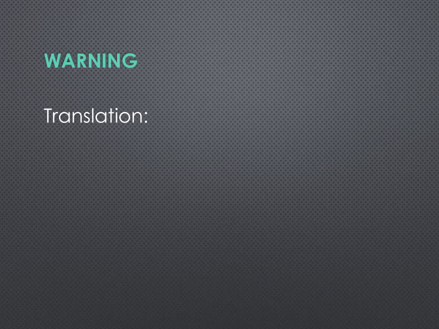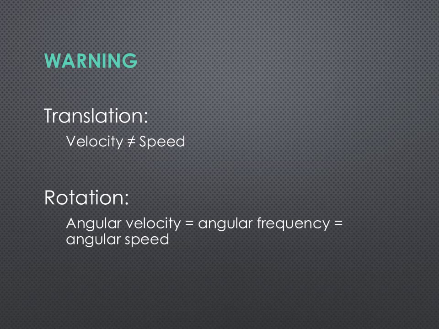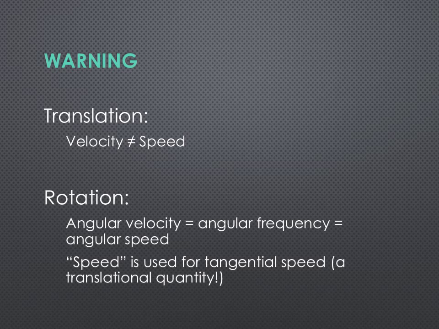In translational motion, velocity does not equal speed, but in rotation, angular velocity is the same thing as angular frequency, which is the same thing as angular speed. The word speed by itself, with no modifier in front of it, no angular speed, okay? If you just see that word, they're talking about the tangential speed, which is actually a translational quantity. I know, it's confusing. That's why this slide is here.